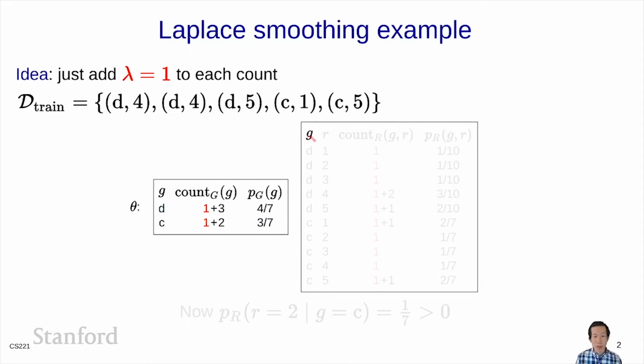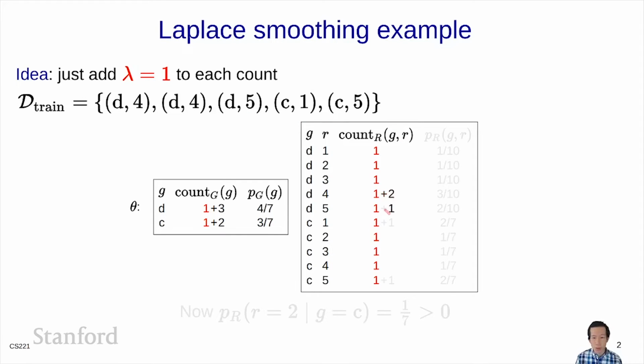And same with the probability of R given G. For each of these configurations, now I have to actually instantiate all possible configurations. I'm going to load a 1 into each of these counts. And then I'm going to look at my training data, and I'm going to add 2.